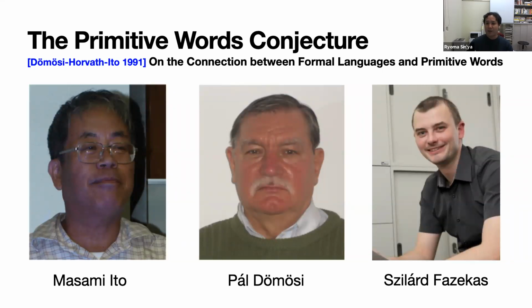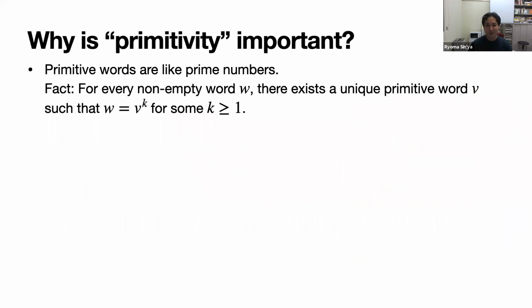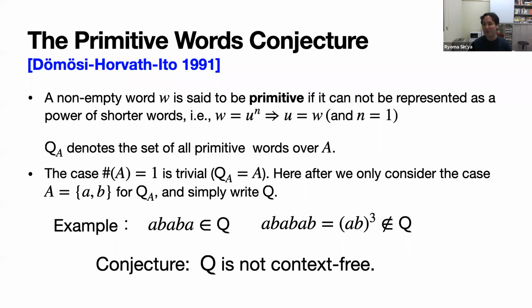Because I moved to Akita University almost 3 years ago, since then I sometimes discuss combinatorics on words and primitive words with Fazekas-san. So gradually I have become interested in this conjecture. It sounds nice, it's very simple, but of course a simple conjecture like this is sometimes very difficult to solve, but it is fun to feel interested in it.